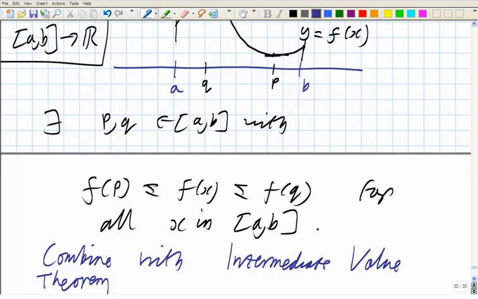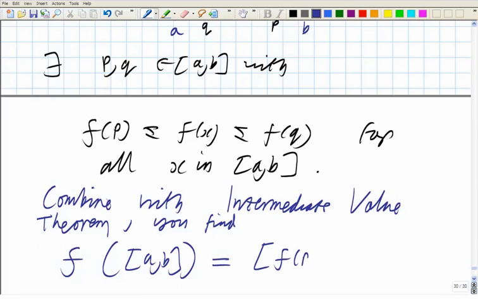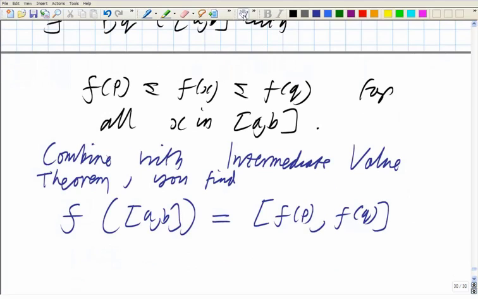So not only are all the f of x's between f of P and f of Q, but also you manage to achieve every value between f of P and f of Q. And so if you actually want to know what the continuous image of this interval ab is, it's exactly equal to the closed interval between f of P and f of Q. The closed interval consisting of all values between the minimum value and the maximum value, inclusive of course. And that brings us to the end of chapter 8.